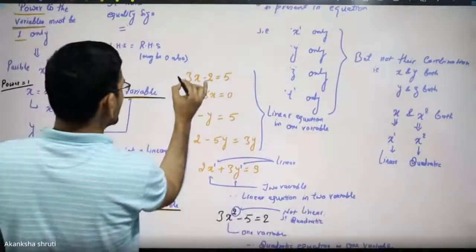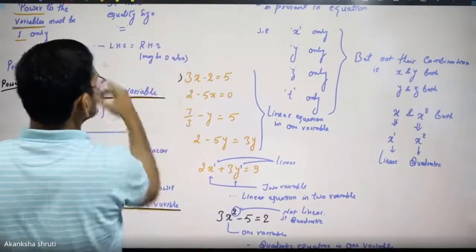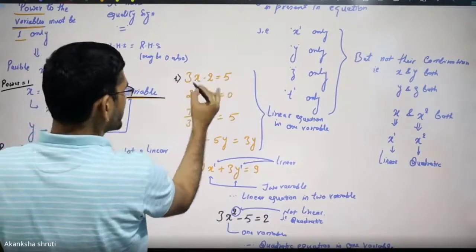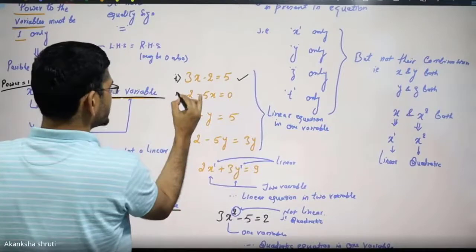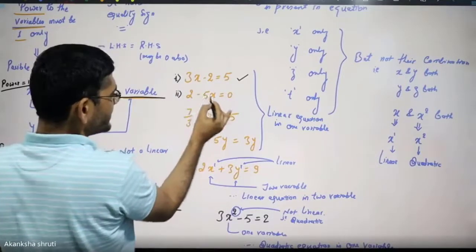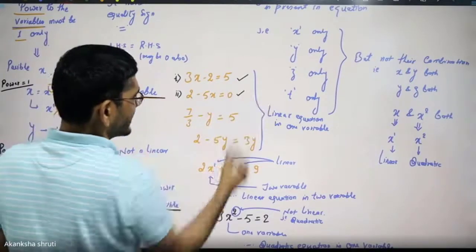First we observe that it is a linear equation with one kind of variable on one side only. The second one is also linear, but the variable is negative, that doesn't matter, and on the right hand side there is 0, so that doesn't matter.